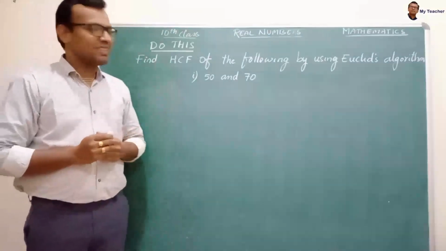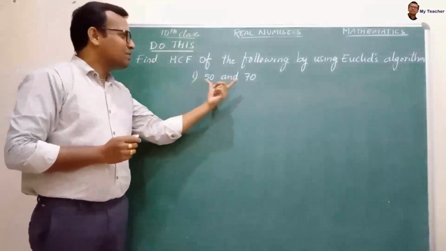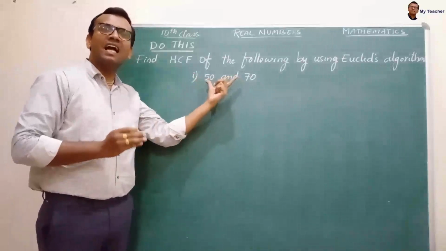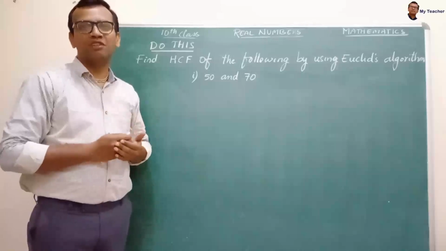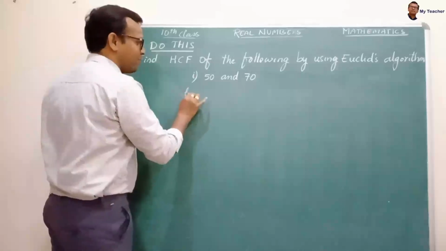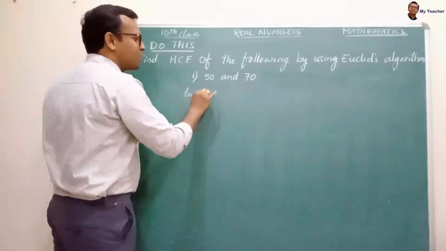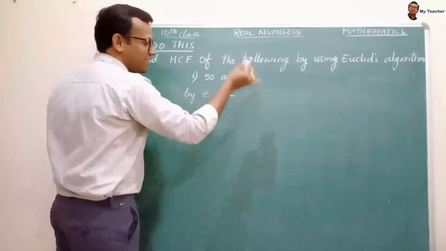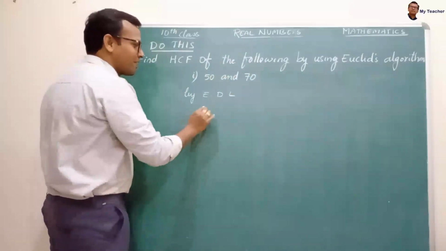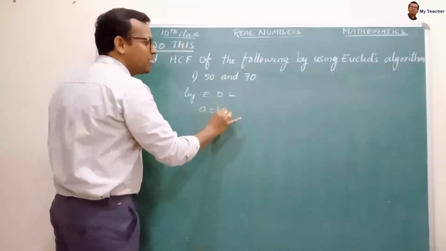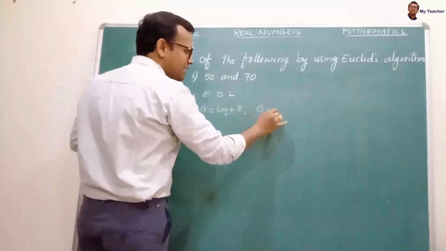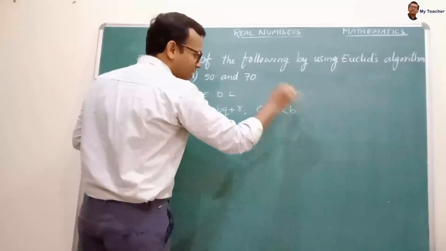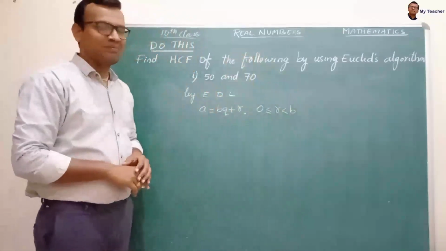See, the first one is like this. The given numbers are 70 and 50. So let us find the HCF of 50 and 70. By Euclid's division lemma, A is equal to BQ plus R, where 0 is less than or equal to R less than B. That is the condition.